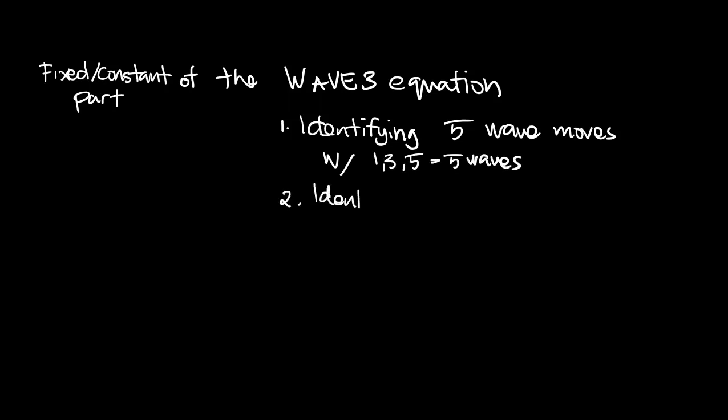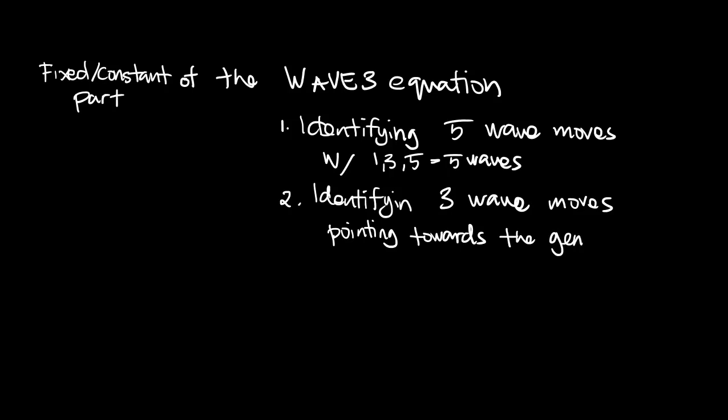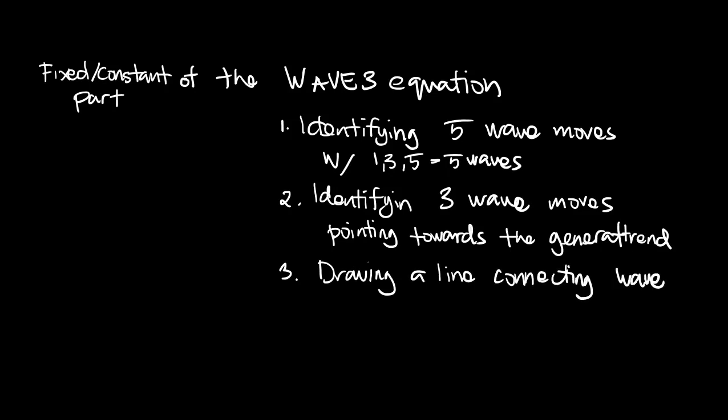Number 2, identifying a clear 3 wave move in the same direction of the general trend. And number 3, drawing a line connecting the end of wave 5 to the end of wave B or wave X.